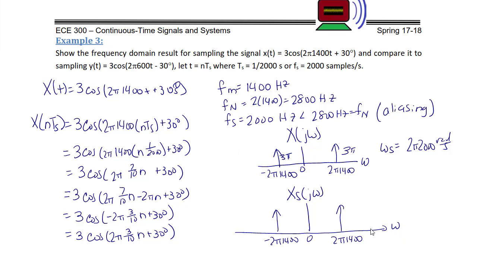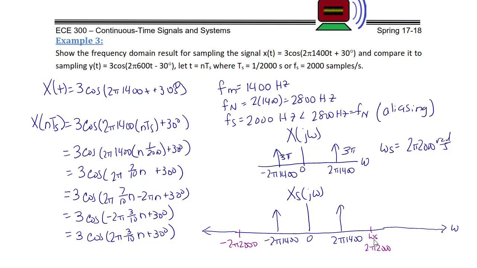My copies are going to be centered around omega s equal to 2 pi 2000 and negative 2 pi 2000. When it was centered at 0, I had an impulse at 1400 and negative 1400.